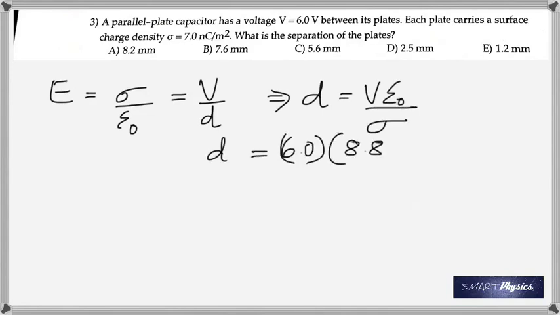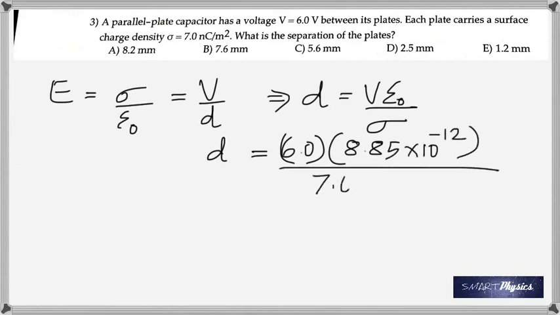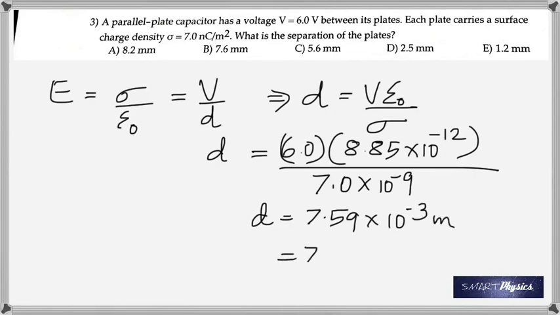So rearrange that to make the distance, which is the separation of the plates, the subject. Plug in the numbers and you have the answer. Remember that nanocoulombs stands for 7 times 10 to the negative 9. So nano is 10 to the minus 9 there. Okay, so that's the answer.